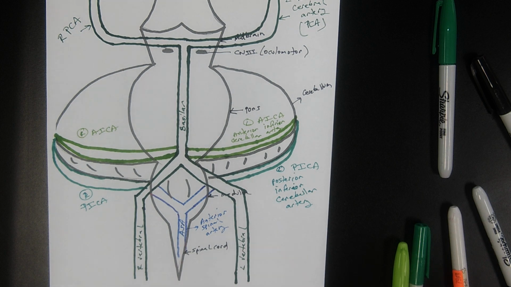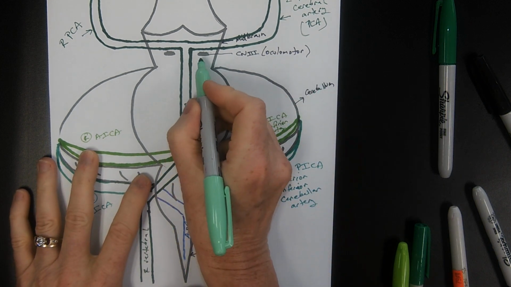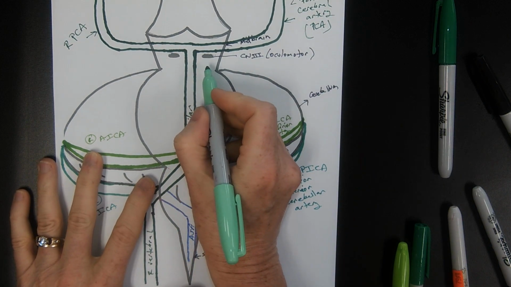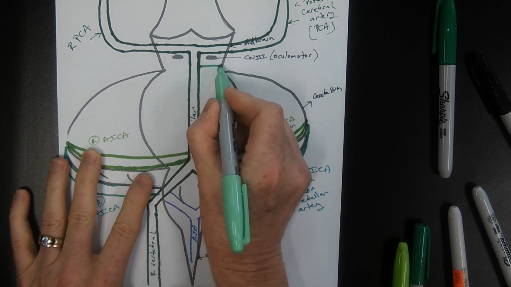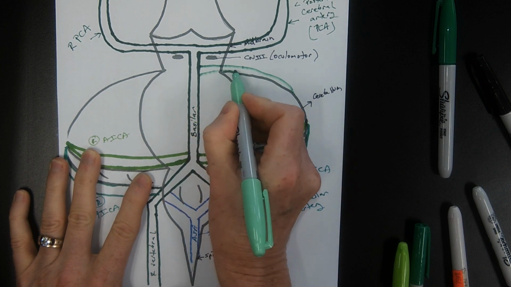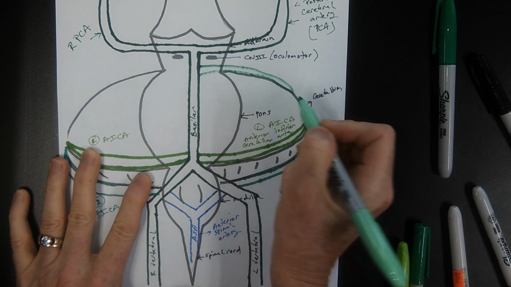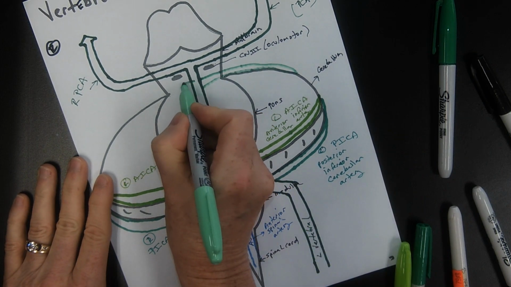Okay, now, there's one more that comes off the basilar that we have to worry about. The next one is going to be coming off the basilar artery, just below the level of the third cranial nerve. It's going to be an artery that comes and goes in this direction, and it's going to be responsible for supplying the superior surface of the cerebellum with blood.